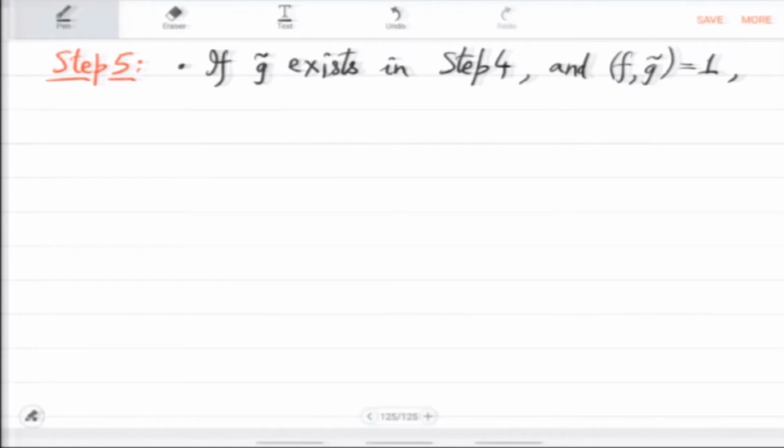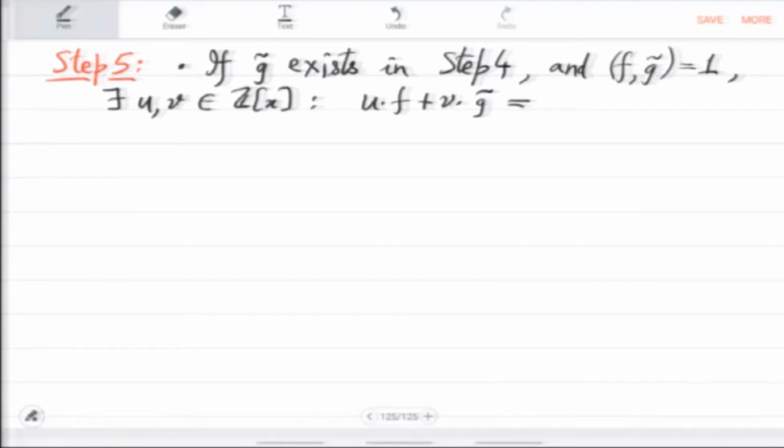So they being co-prime means that there exists, by extended Euclid GCD algorithm, U and V such that UF plus VG tilde is equal to, so notice that I am asking for U and V to be integral polynomials, right.